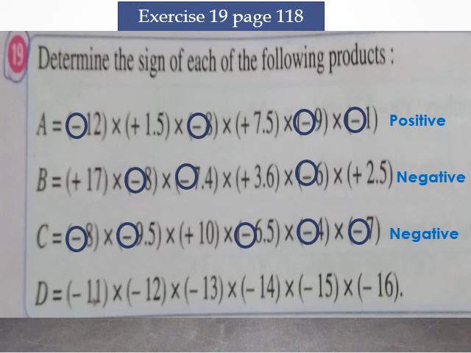Okay, no need to read all these numbers. Let's find how many negative numbers we have. 1, 2, 3, 4, 5, and 6 negative signs multiplied by each other. 6 is an even number, so our answer should be positive.